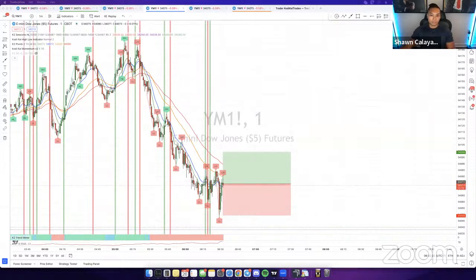So I'll be watching it manually and seeing how it moves. Obviously, the volatility right here is very low. It's not really moving too smoothly. And volatility is currently at 12 right now.